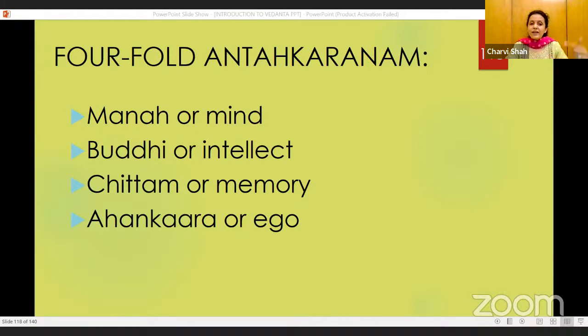But understanding these fourfold internal organs, that is the most significant thing. Understanding what their function is, how they are working, how this antakaranam is operating. So the four parts: mana, buddhi, chittam, and ahankara. Let us look into them now.